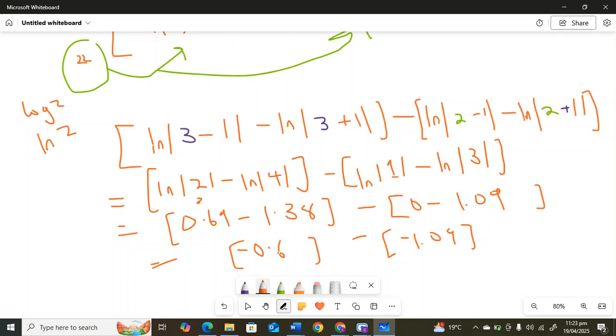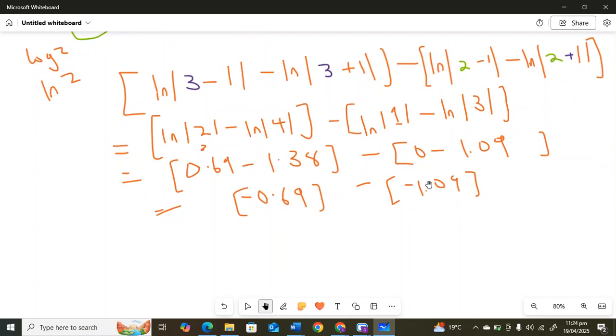This one negative 0.69 also. Oh, okay, yeah. Negative 0.69 minus negative 1.09.